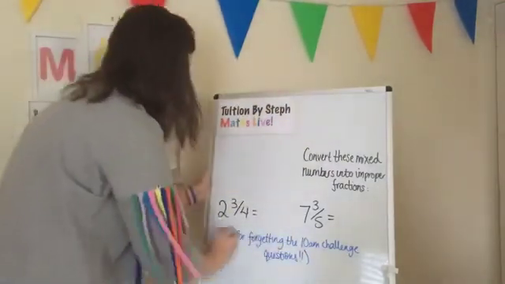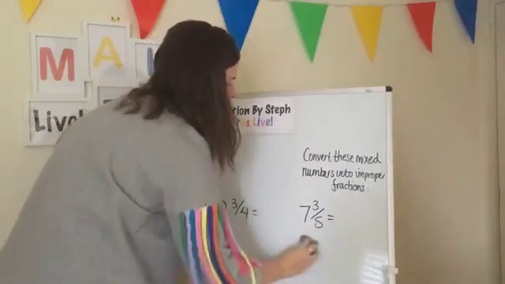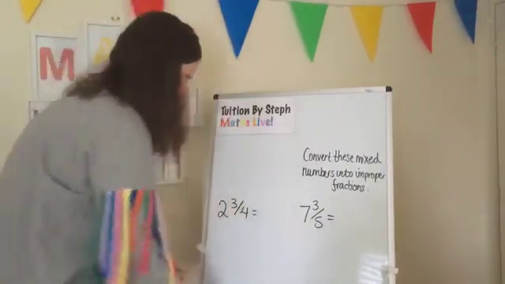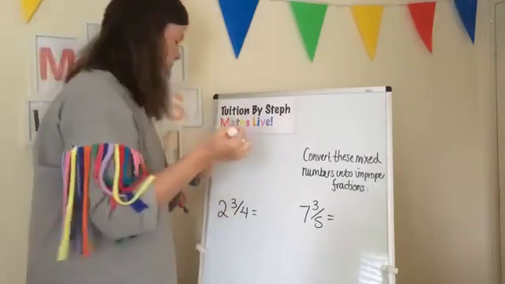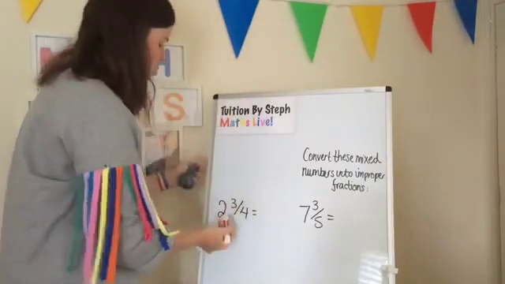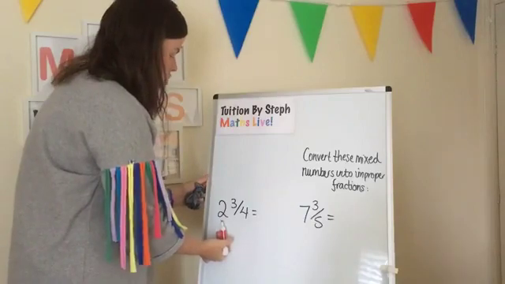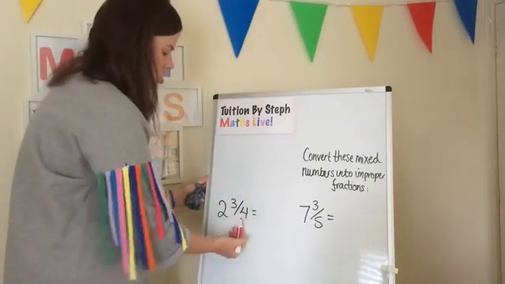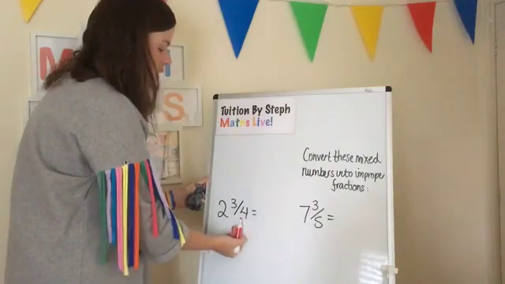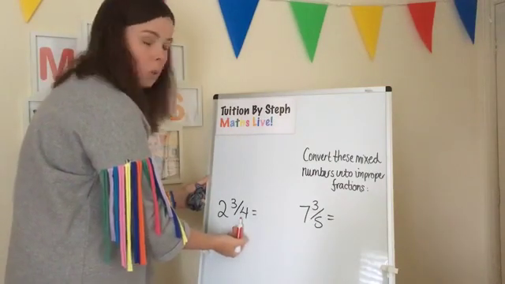Right, so again, sorry for the 3 challenge questions. Okay, so we want to convert these mixed number fractions into improper fractions. Now, remembering how to do this. This 2 basically means 2 whole lots of the fraction that we're given. The fraction is the quarters, okay?